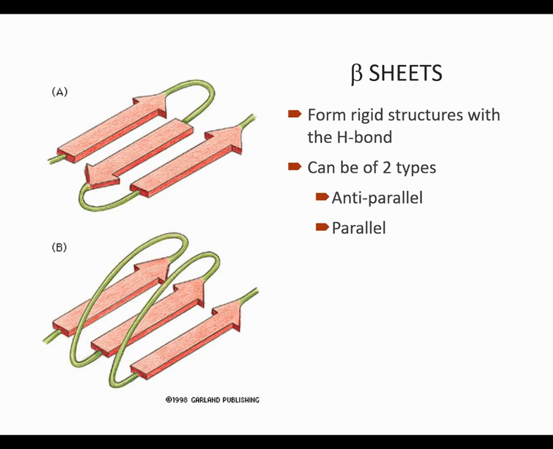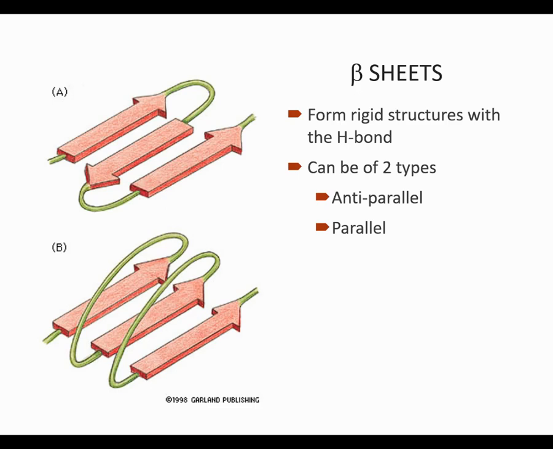It means it's running in the same direction with longer looping sections between them. So if this is the C terminus and this is the N terminus, all of this on the same layout is C terminus on this side, and then the other one is all on the N terminus. Okay, so that is for beta sheets.